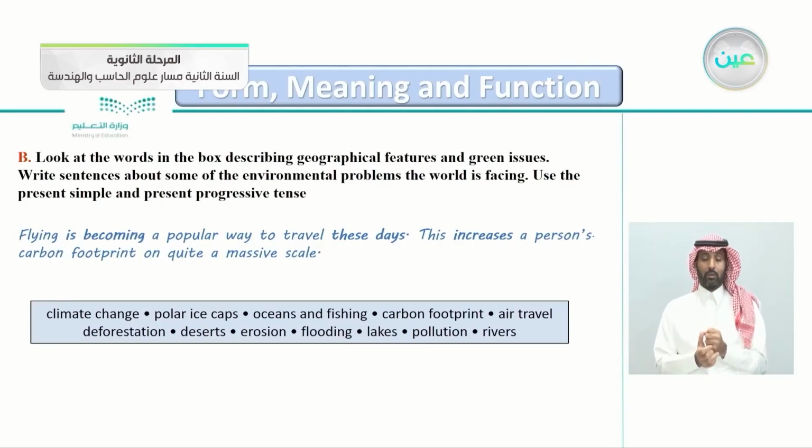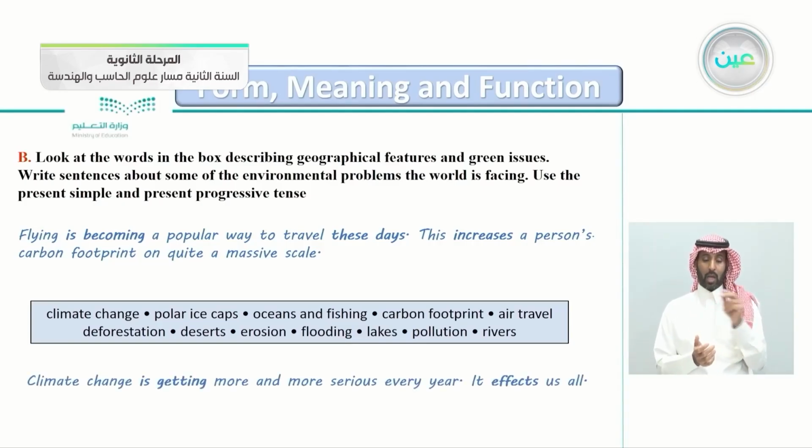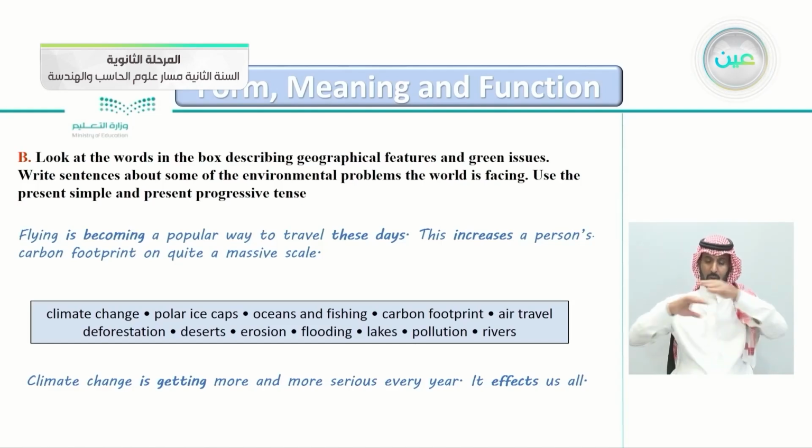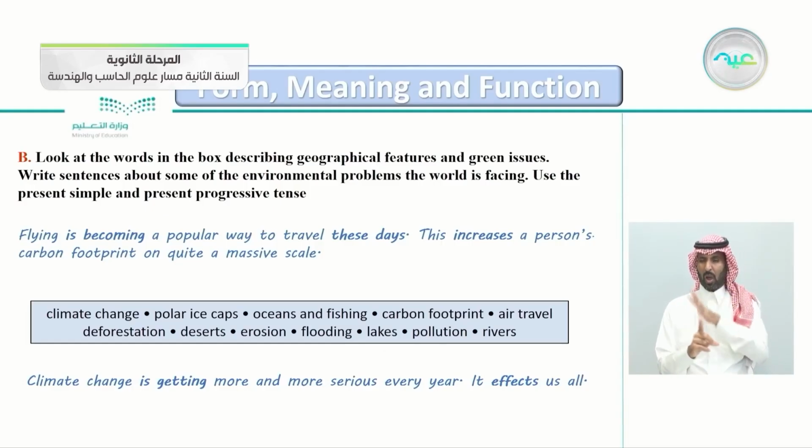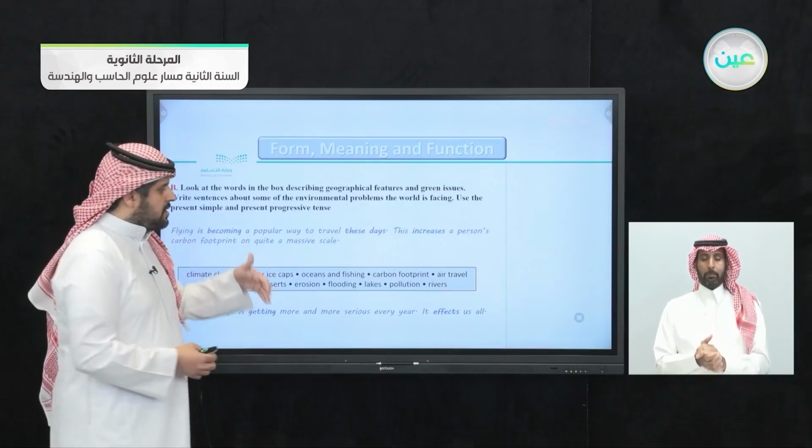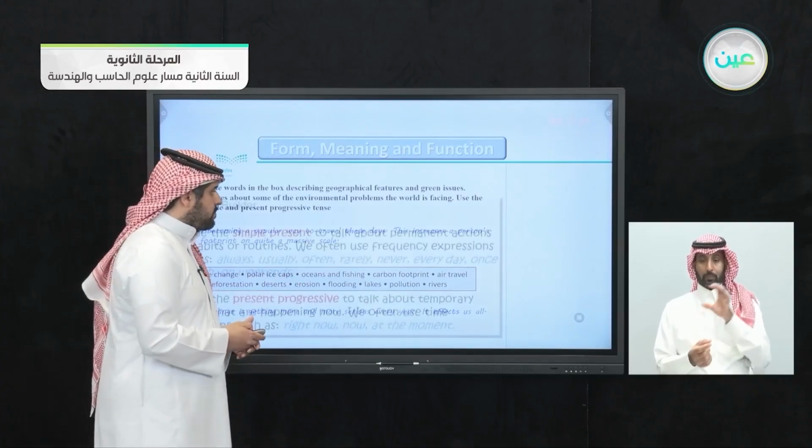We are just going to take one here. For example, you can say climate change is getting more and more serious every year because it affects us all. So I use the present progressive and the present simple. And you can continue with all of them.